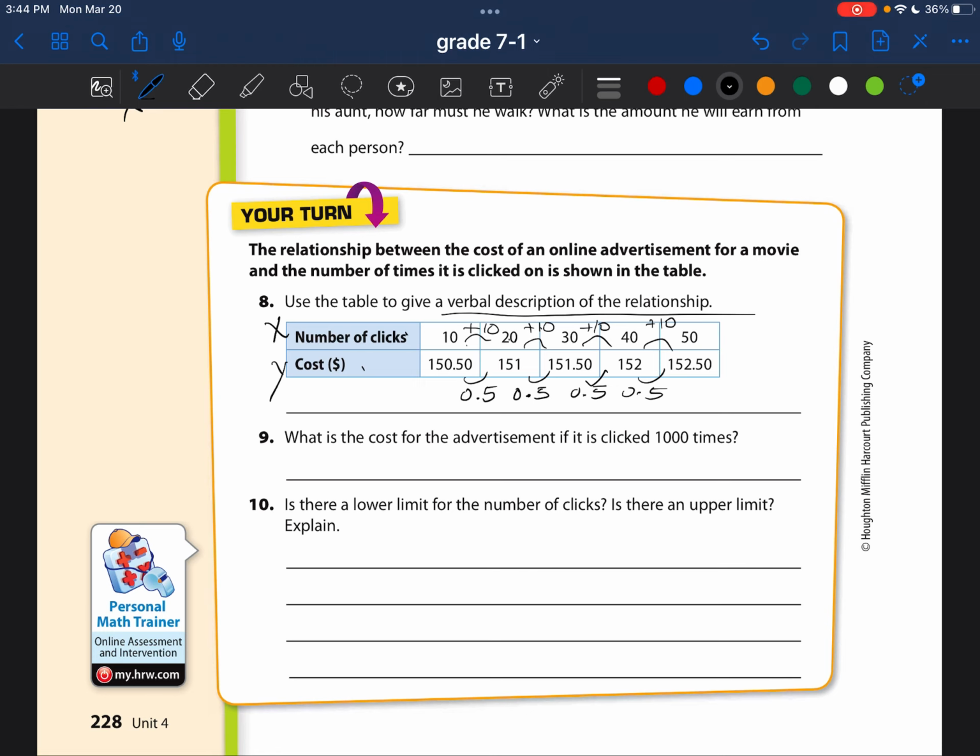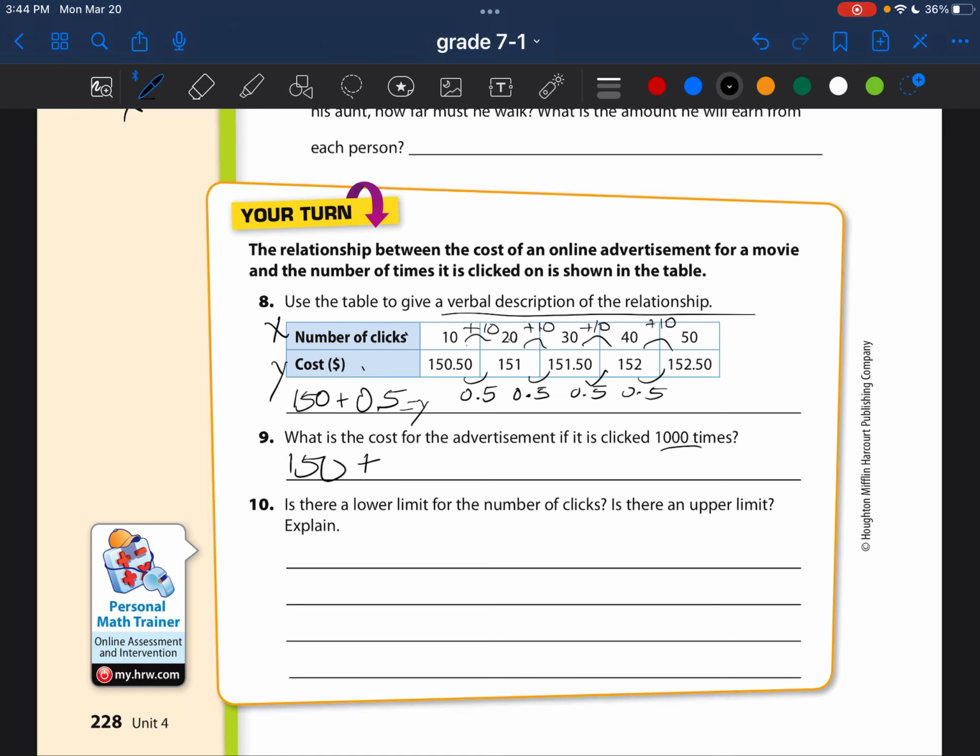Now, the cost of the advertisement is $150 plus 5 cents. That's all it's asking. That equals our y. All right. What is the cost of the advertisement if it's clicked 1,000 times? Well, we're going to take our 150.